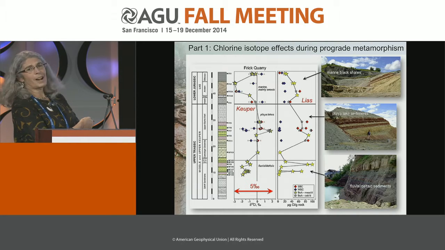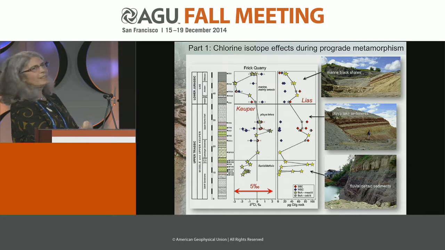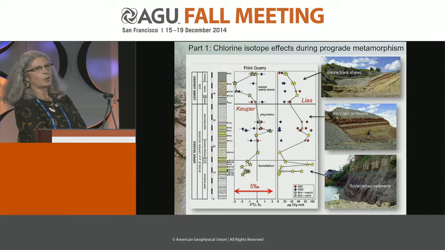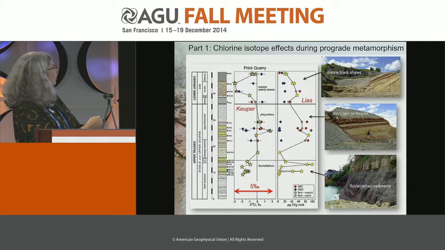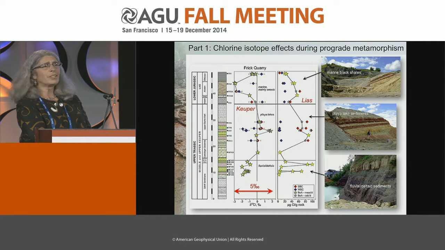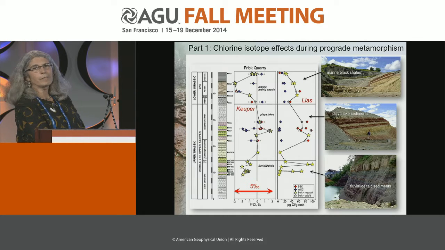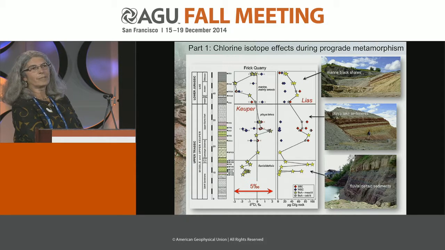And what you can see right away is that there is huge variability in this single quarry, a total of 5 per mil range in chlorine isotope composition. When I said that most of what we see in the subduction system in the rocks is only 4 per mil total variation. Where there are multiple stars all for the same horizon, those are samples collected along strike from each other within a single sedimentary layer.